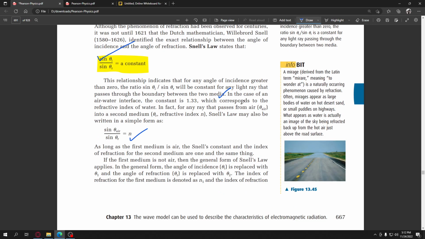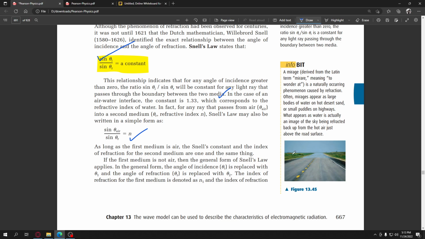As long as the first medium is air, the Snell's law constant and the index of refraction for the second medium are one and the same thing. So that's how you link refractive index and Snell's law. If the first is air, then the refractive index of the second medium and the Snell's law constant are the same thing.